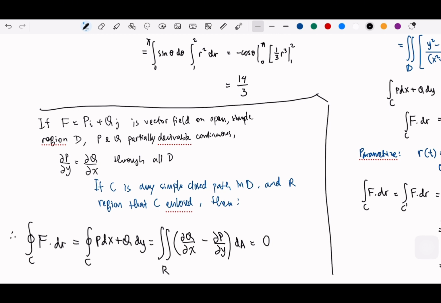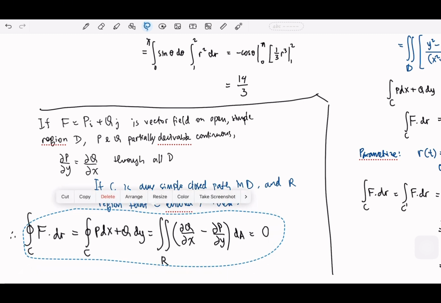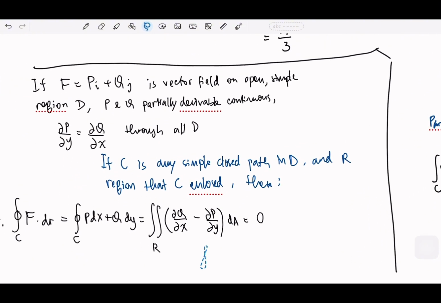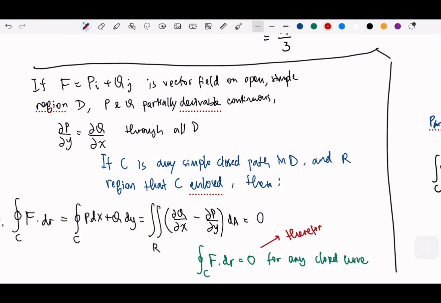So we see that the line integral of F dot dr will be equal to 0 for any closed curve C. And this is also a confirmation of the independence of the path in the region D. So therefore, I can write here that the integral of F dot dr will be equal to 0 for any closed curve, therefore this line integral is independent of the path.